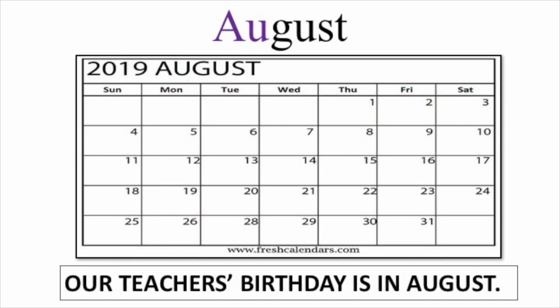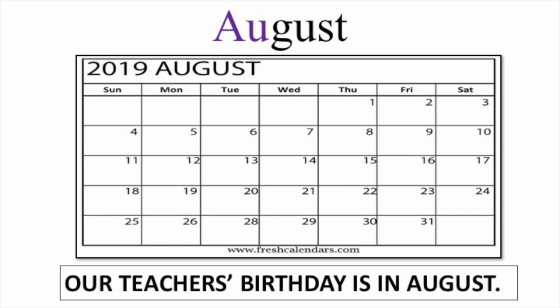Next word, August. Our teacher's birthday is in August. So here, AU at the beginning of the word, but still producing O, as in August.